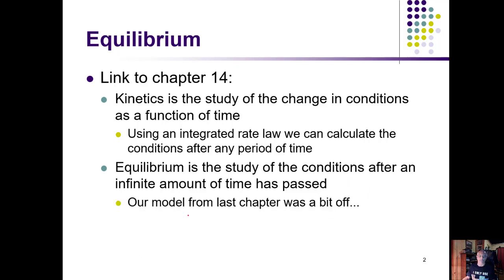So our model from the last chapter, from the kinetics chapter, was a bit off when what we're talking about is equilibrium. Because remember, in kinetics, we're generally talking about the initial rate method. We're talking about how fast the reaction is going initially, and then when it was primarily going in the forward direction.